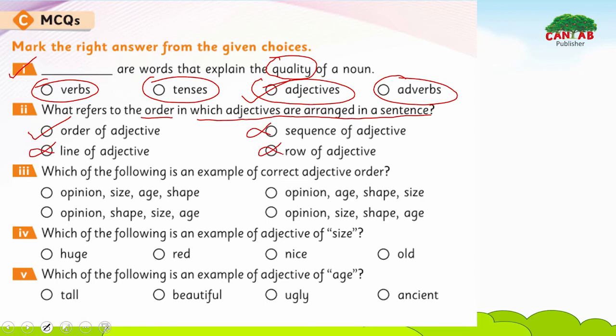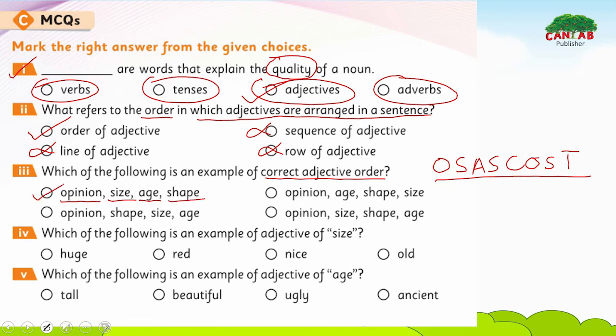Row of adjective, wrong. Which one of the following is an example of the correct adjective order? OSASCOST. That one is the correct order. The first is opinion, then size, then age, then shape. Yes, this one is the right answer.